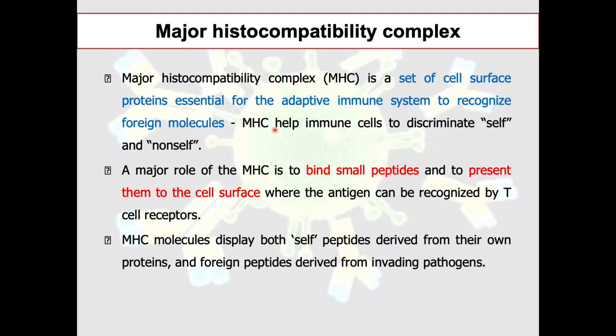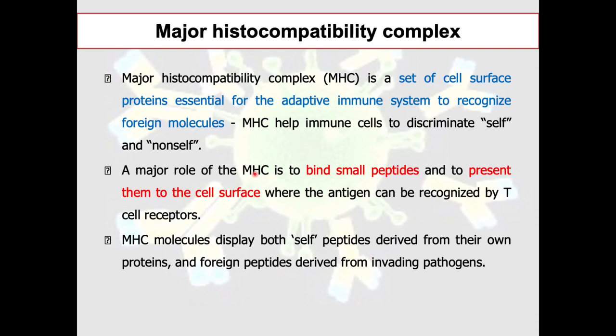A major role of the MHC is to bind small peptides and present them on the cell surface, where the antigen can be recognized by the T cell receptor. The MHC function is to present a small peptide, whether immunogen or non-immunogen, on the cell surface so that the T cell receptor can recognize it.